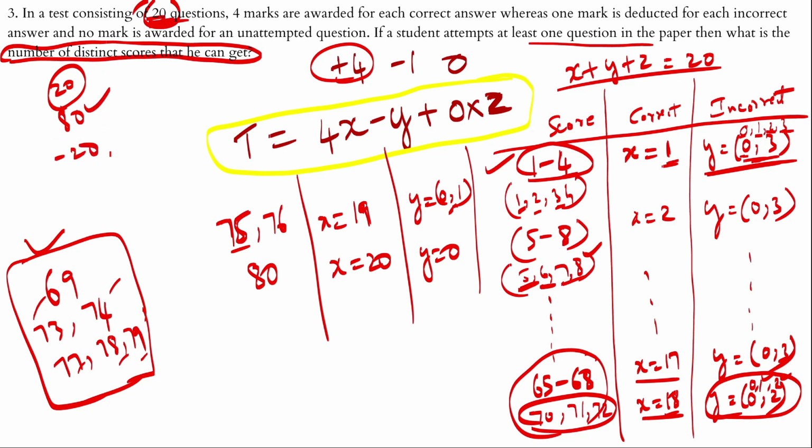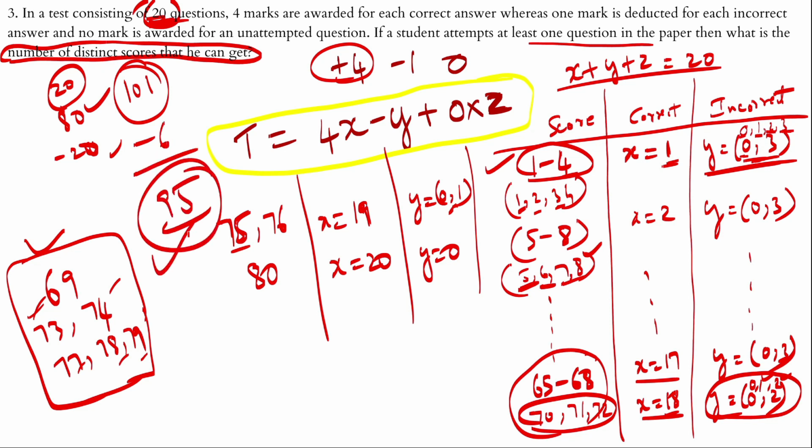This is the maximum number, this is the minimum number possible. So what are the total possibilities? 101, right? So out of this 101, these 6 must be eliminated. So 101 minus 6, this is equal to 95. So 95 is our answer. 95 is the number of distinct scores that he can get.